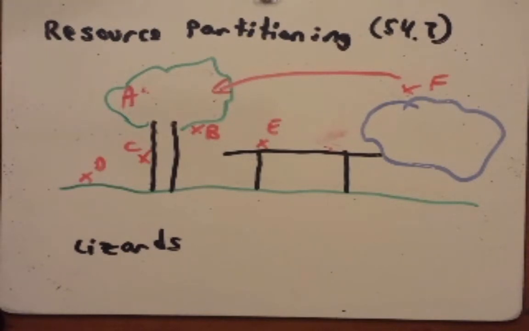Maybe they build different kinds of nests. Maybe one uses grass to build some kind of nest, whereas others burrow into the ground. As long as they're using the resources differently, they can coexist. But if they use the resources in the same way, they can't coexist. And as I said before, they either die out or they find a new way to use those same resources so they can survive. So this is resource partitioning.